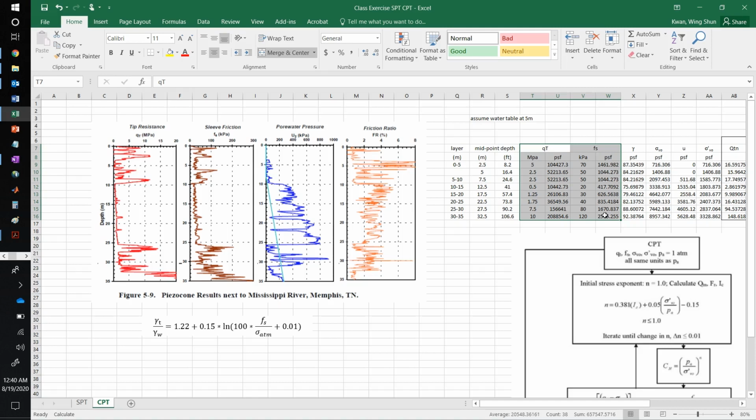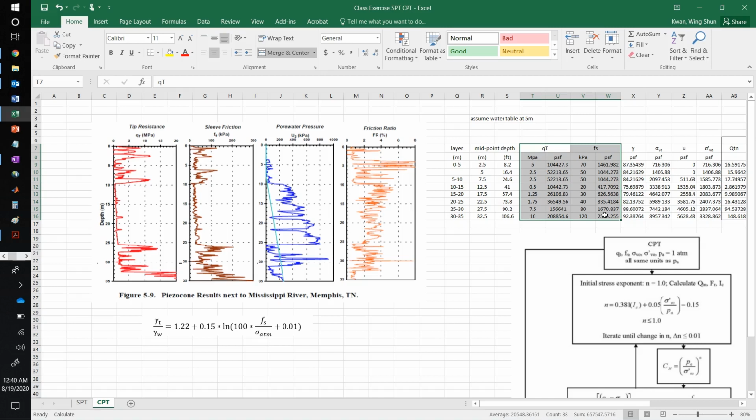This is just for the example, so I try to read off selected points to reduce the amount of data. But in real practice, very likely for homework and also for your semester project, I will give you the digital files, which means you have continuous measurements taken maybe every 0.1 meters. So you need to deal with more data.